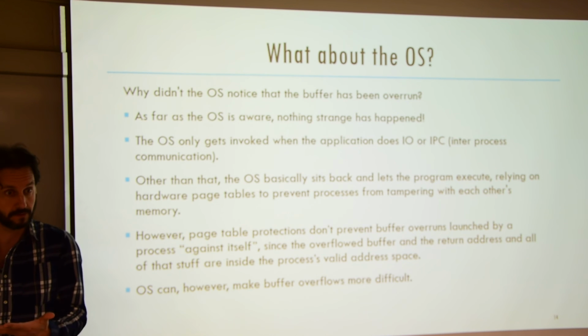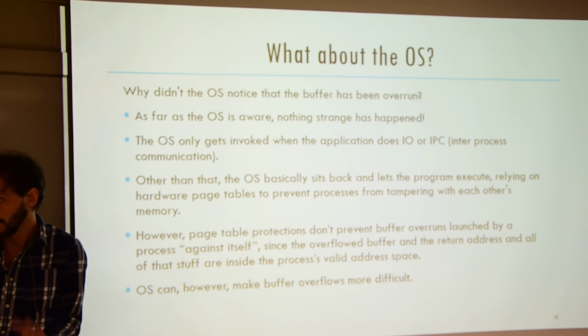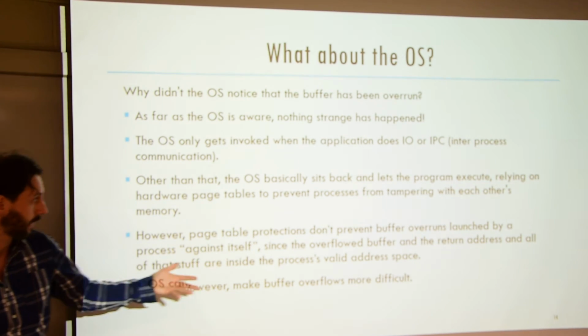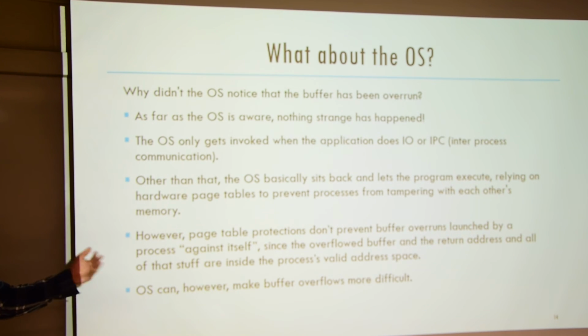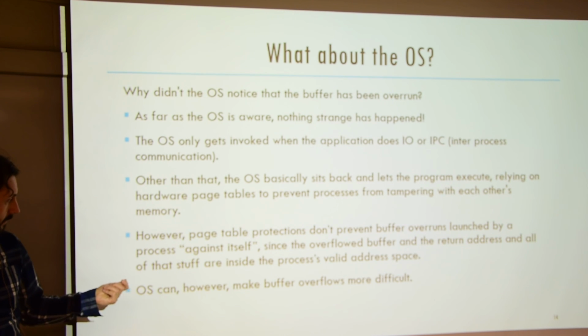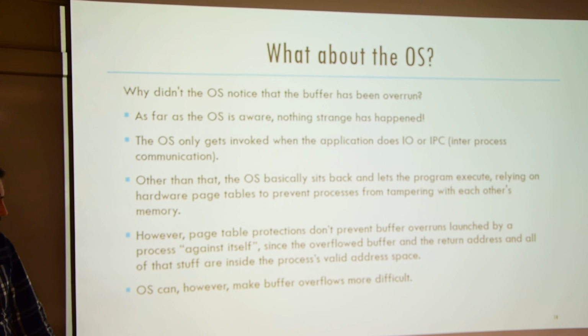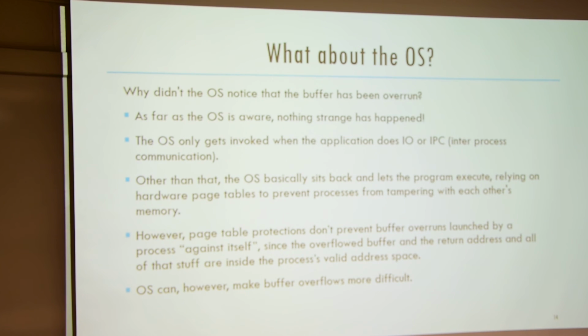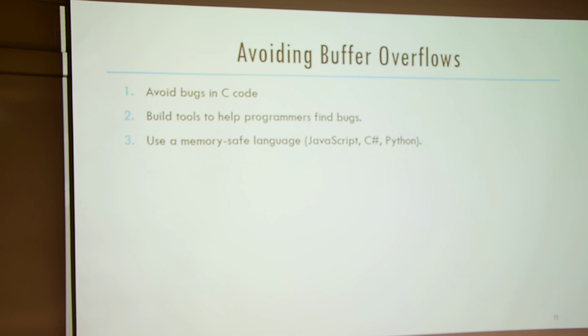It's not coming from the outside; according to the process, it's coming from within itself. So, an overflow buffer and return address and all of that stuff are inside the process's valid address space, and that can be manipulated with the buffer overflow attack. Of course, you can make buffer overflows more difficult by having some of those countermeasures, for example, address space layout randomization, stuff like that.